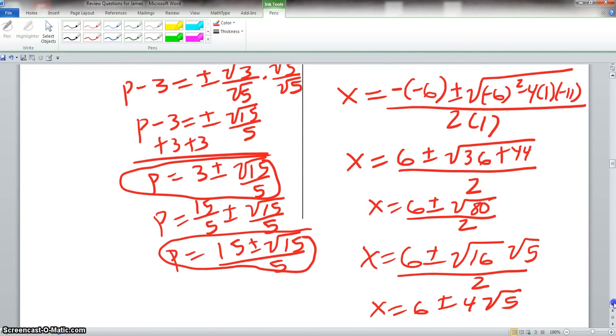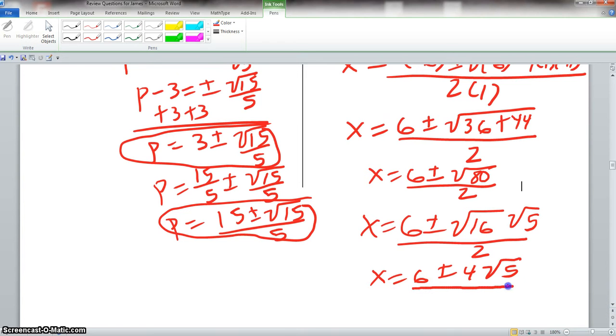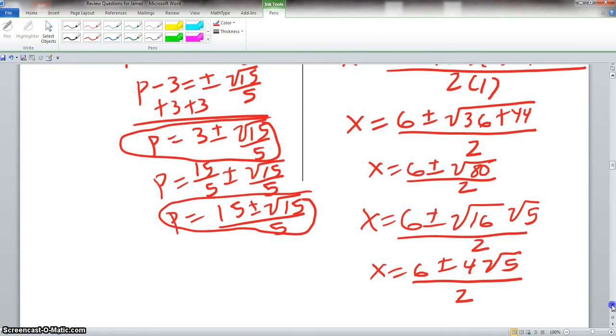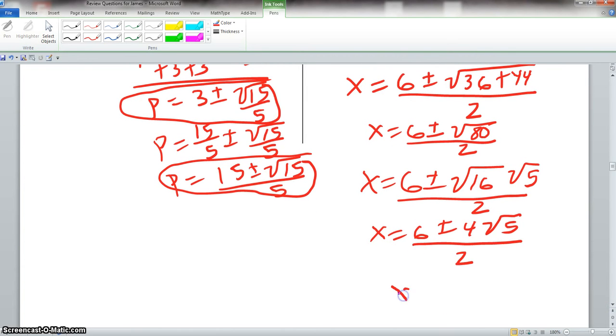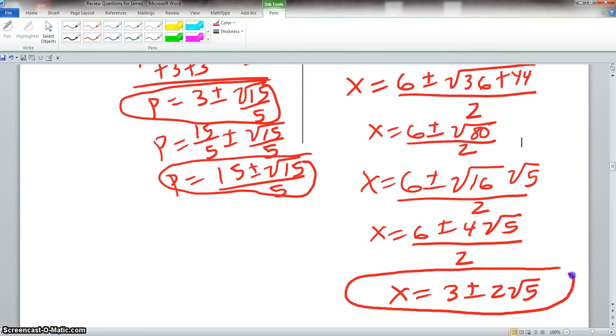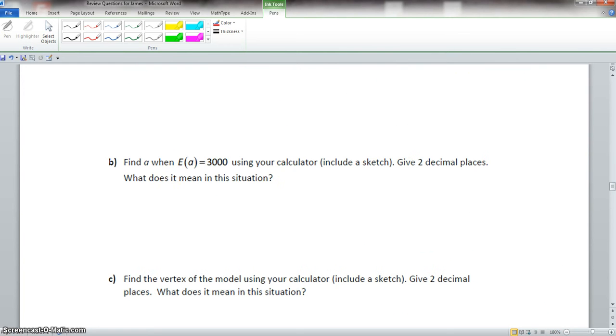And we'll be left with 6 plus or minus 4 square root 5 all over 2. Now all three of these terms here have 2 in common. So our final answer would be x is equal to 3 plus or minus 2 square root 5. And that is it.